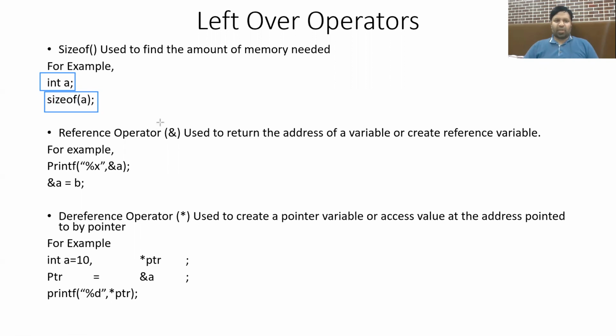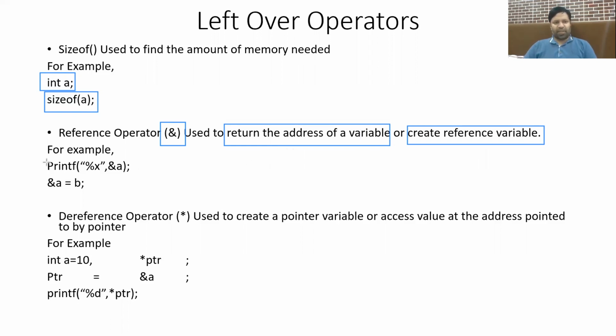The next is called the reference operator and the symbol is ampersand. It is used to return the address of some variable or to create a reference variable. So there are two objectives of using the reference operator. One is to return the address of some variable and the second is to create a reference of some variable. So let's have a look.